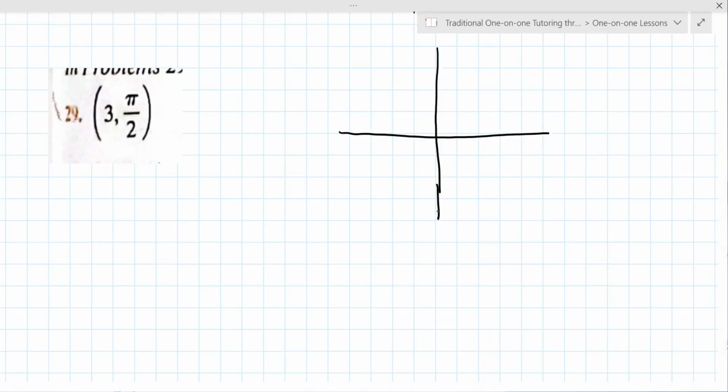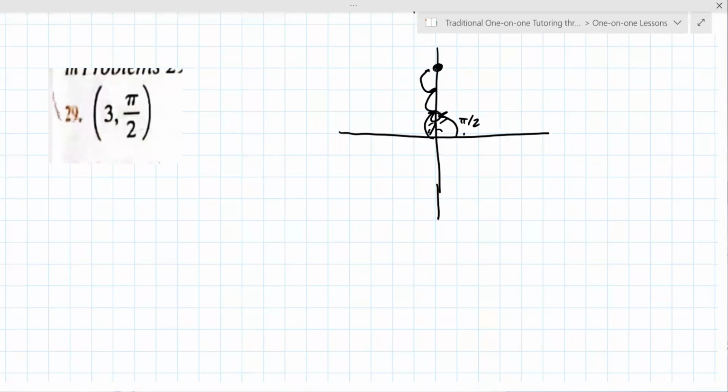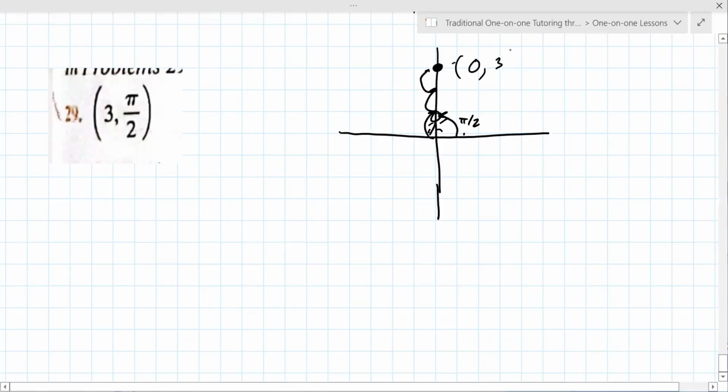So it would be 3 up, because once you spin pi over 2, you walk out 3 spaces, 1, 2, 3. These are like the first 10 that we did today. So you're literally at the point 0, 3.